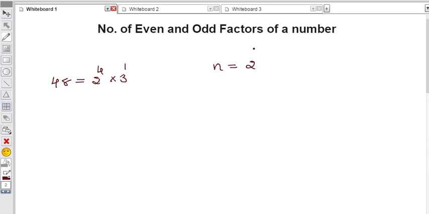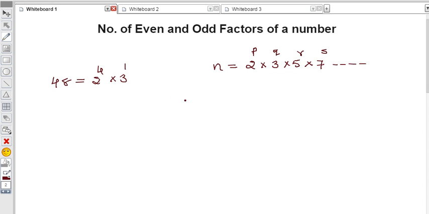You can write 2 to the power p into 3 to the power q, and next 5 to the power r, and the next prime number 7 to the power s, and so on. In this order, any huge number can be written as a product of prime numbers.